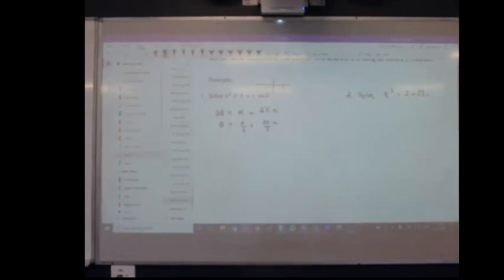I've got 2 questions on there for you to have a go at. So solve the first one, Z cubed equals 1, and then solve Z cubed equals 2 plus 3i. Have a practice of those, and then we'll go through the solutions in a few minutes' time.